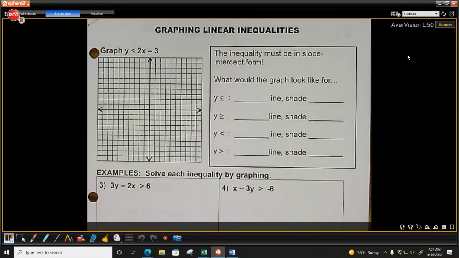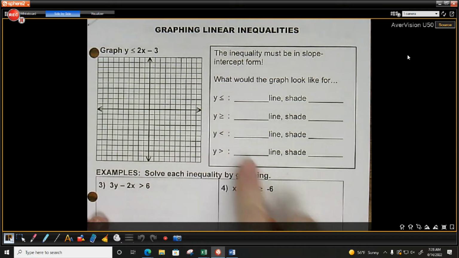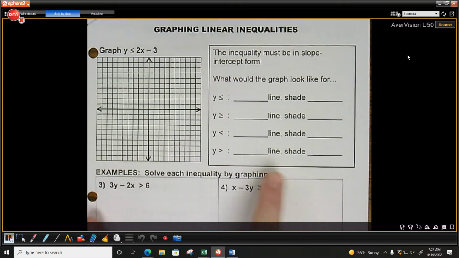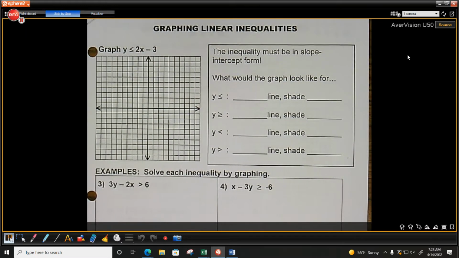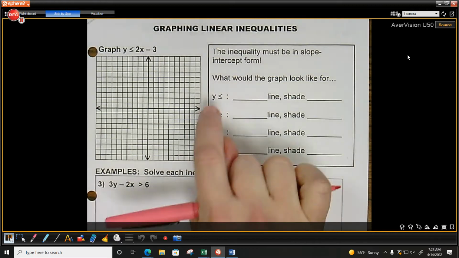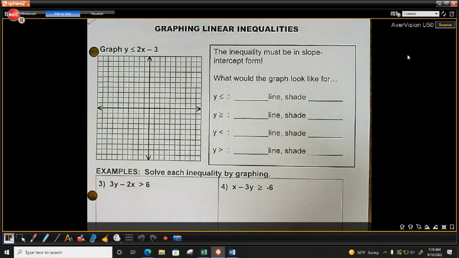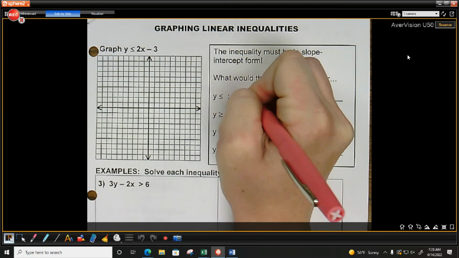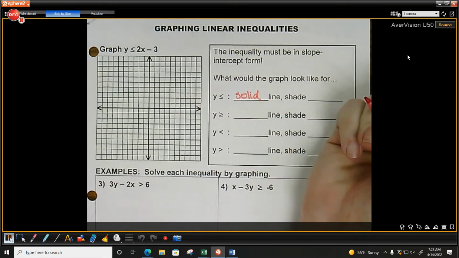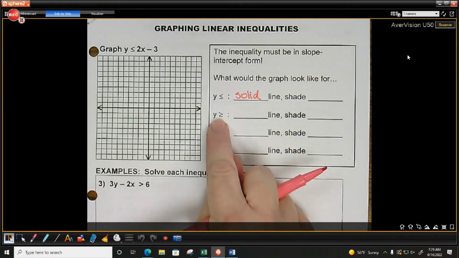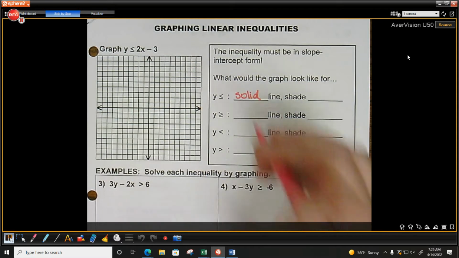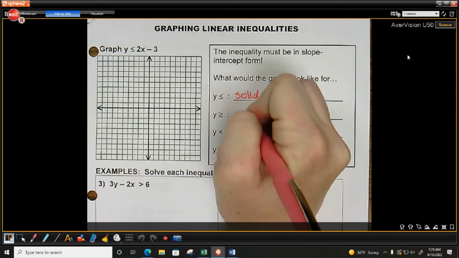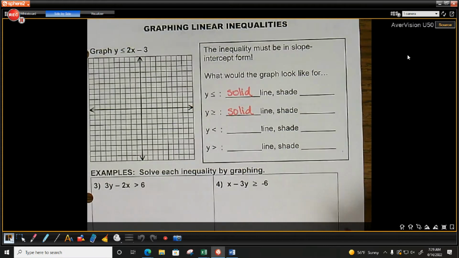So I'm getting my colors out. Okay, so we have this little chart here to help us. If you see the equal to line under it, we are going to graph a solid line. Again, if you see the equal to line under it, we are going to graph a solid line. We will go over what a solid line looks like.